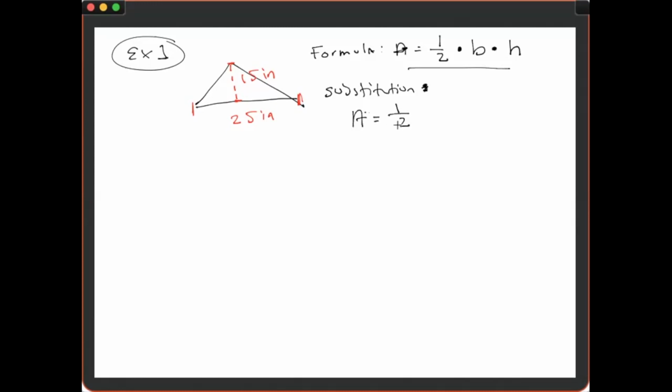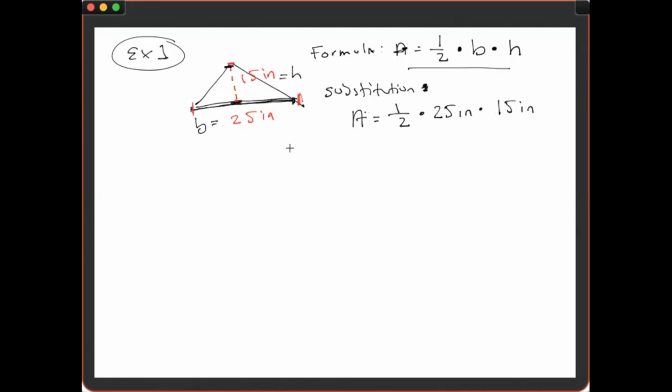So you have 1/2 times the base. The base is usually found on the bottom part of the shape. It's the linear part, right? And the base is 25 inches. So we're going to write 25 inches times, now we have to find the height. Height is from top to bottom. That is your height, so we're going to write the height over here.